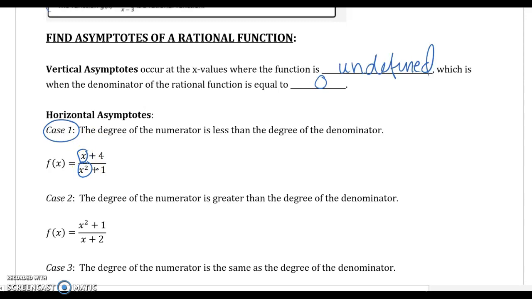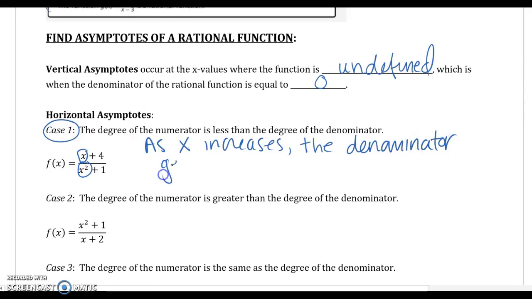Whenever that occurs, as x increases, the denominator gets very large. So you end up with a smaller number over a larger number.